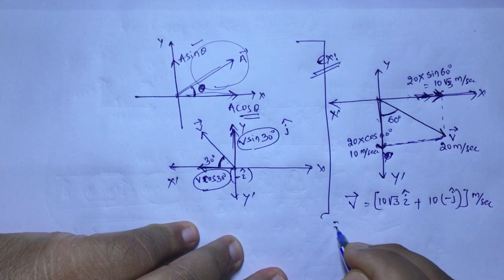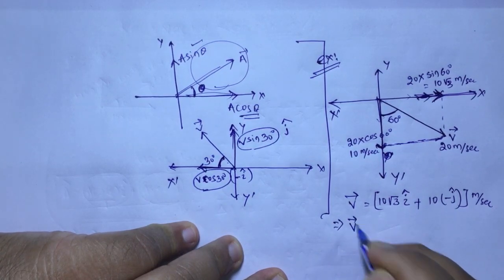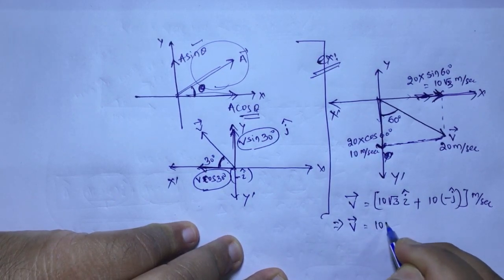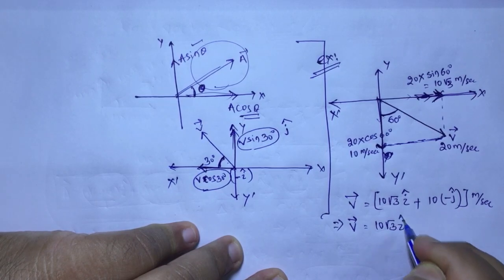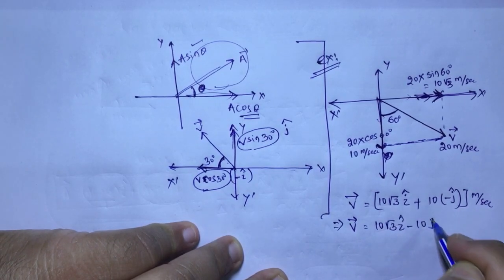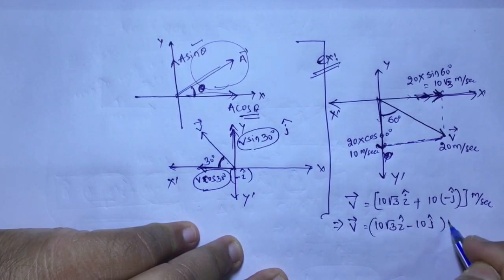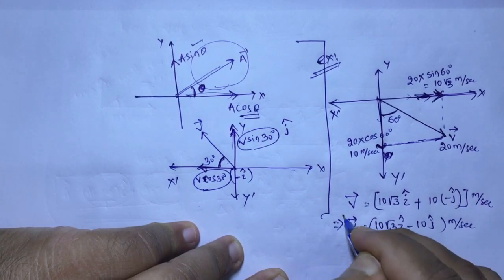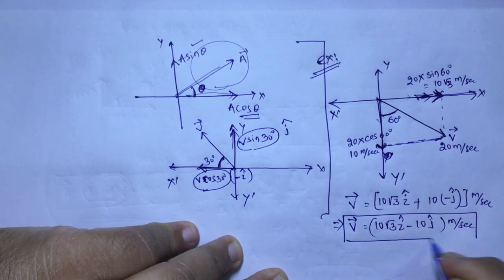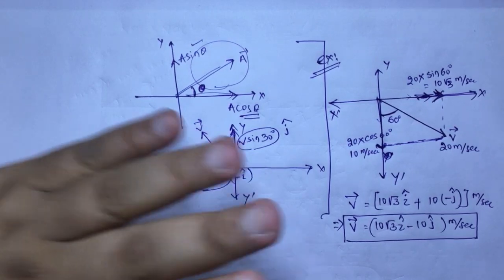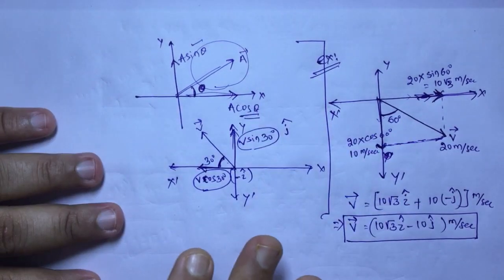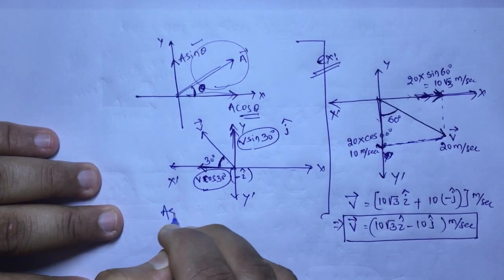Or you can just write the next step as v vector equal to 10 root 3 I cap minus 10 j cap meter per second. This is how you can write. This is the v vector. I think now you can do it for all the vectors. This is your assignment.